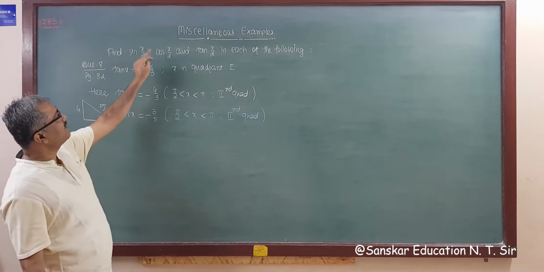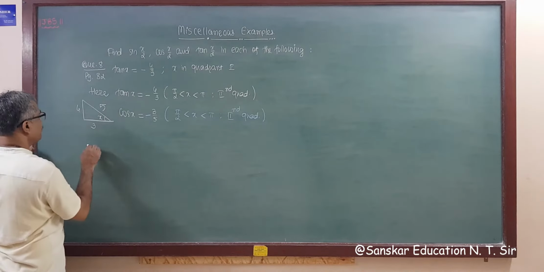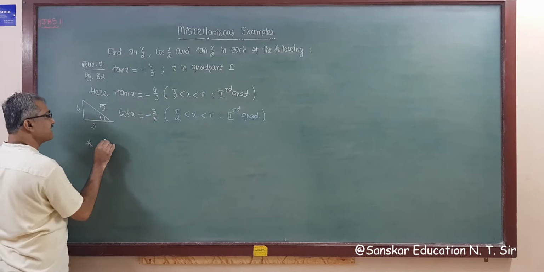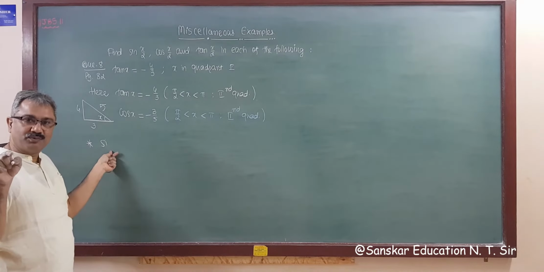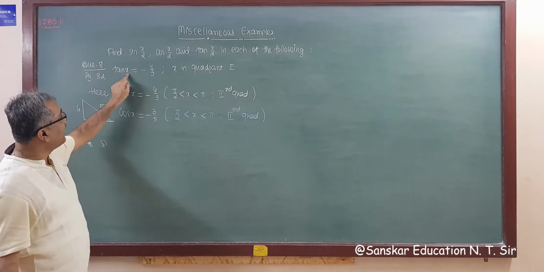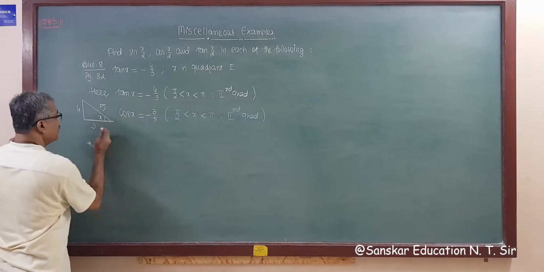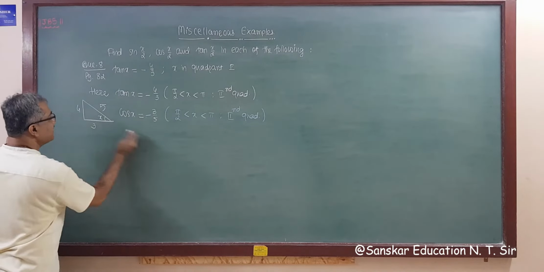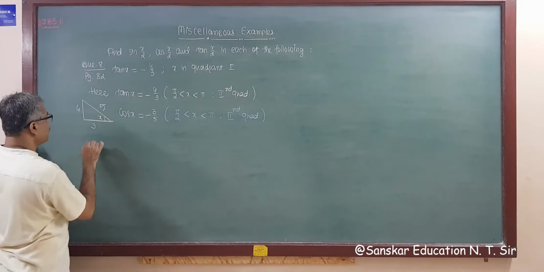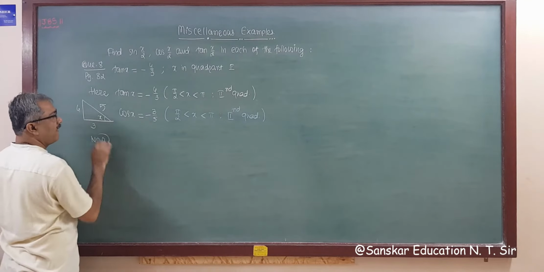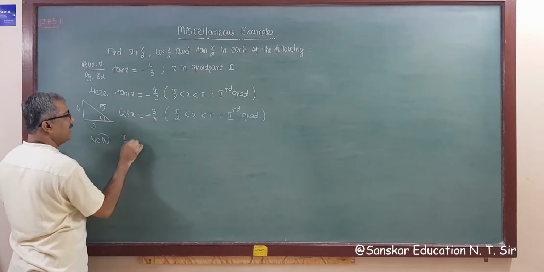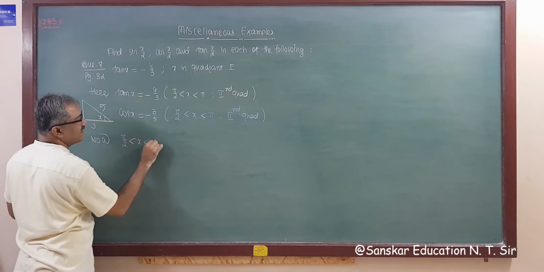Now you have the formula. We have to find out sin x by 2, cos x by 2 and tan x by 2. So we require the half angle and it is given the full angle, so we first convert this full angle into half angle. Pi by 2 is less than x is less than pi.